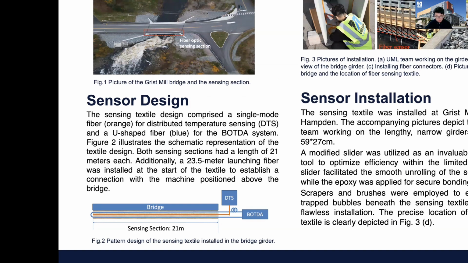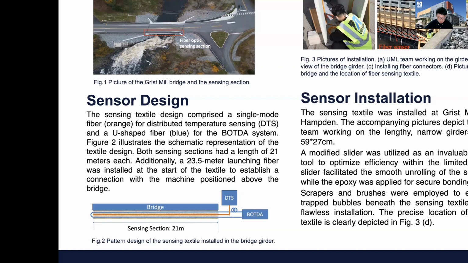Figure 2 illustrates the schematic of our textile design, with both sensing sections having a length of 21 meters each. Additionally, we install a launching fiber at the beginning of the textile to establish a connection with the equipment positioned above the bridge. This configuration allowed for efficient installation inside the bridge girders and protecting the fiber sensors.